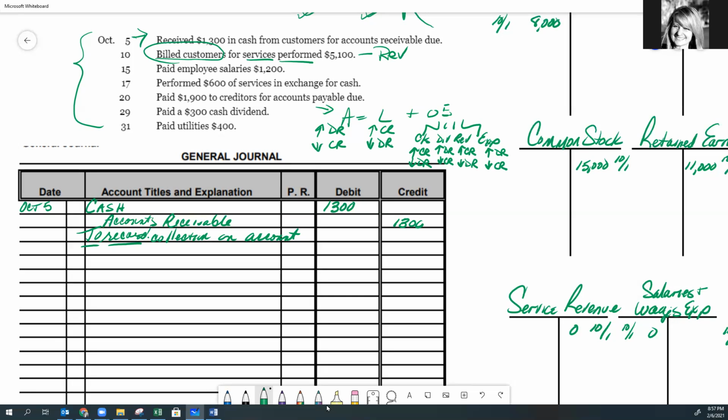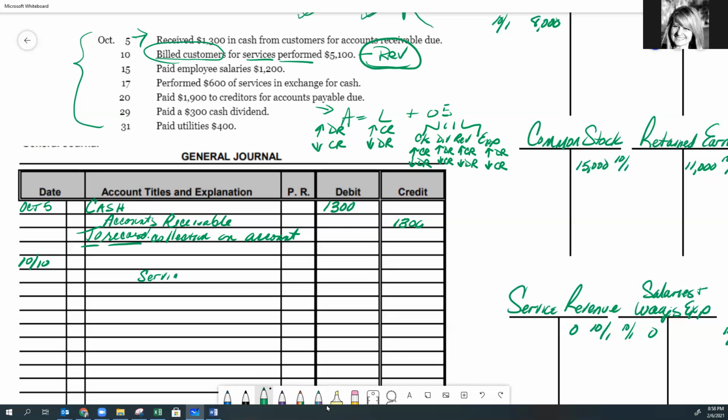Okay, so we are going to put our date in here. We always have to put our date first. So 10/10. We have our new transaction. We need to increase our revenue. And so if we look over here in our revenue, to increase our revenue, we're going to do that with a credit. So let's credit our revenue. And our revenue is called service revenue.